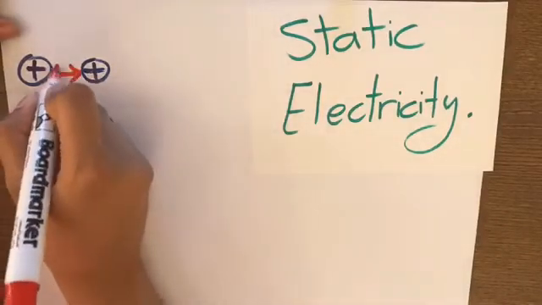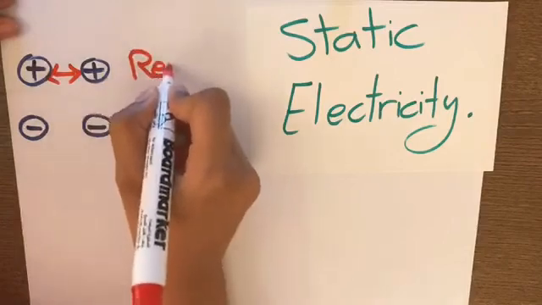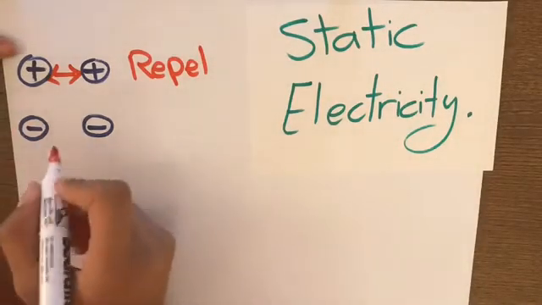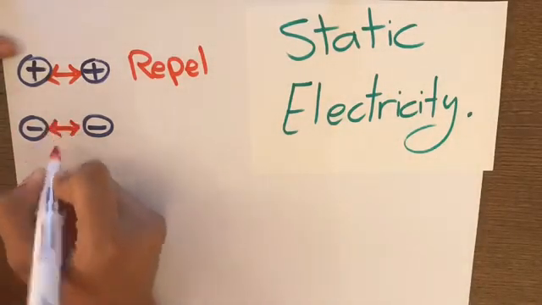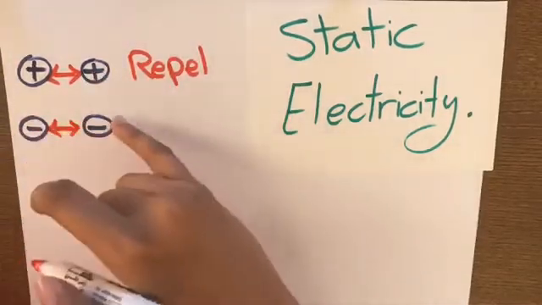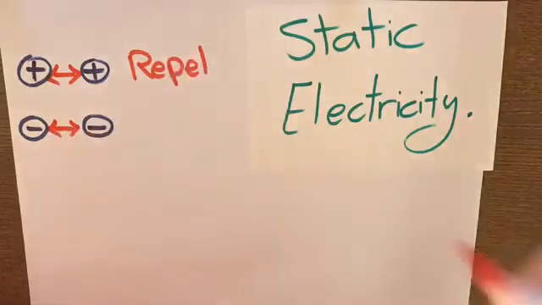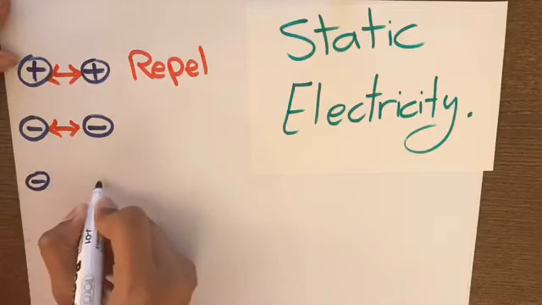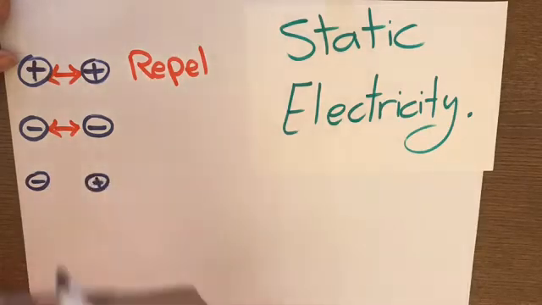Definitely they will repel. What do I mean by repel? I mean to push away one another. Yes, definitely they will push away one another because they have the same charge, even the negative. As long as they have the same charge, they will repel. But what if one is negative and the other one is positive?